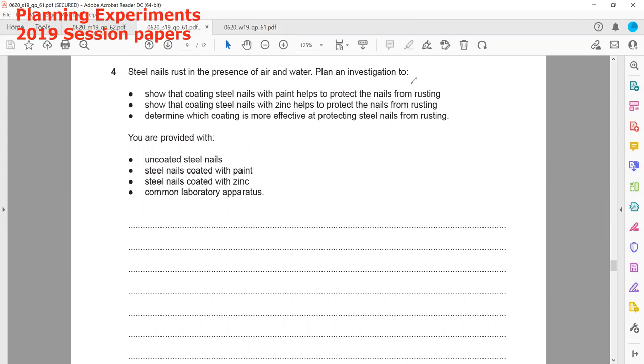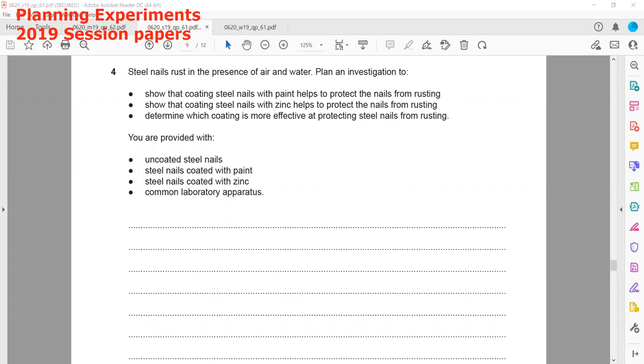So we have uncoated steel nails, steel nails coated with paint, steel nails coated with zinc, and common lab apparatus. What we should do first: we will take an equal mass of nails in 3 different test tubes.